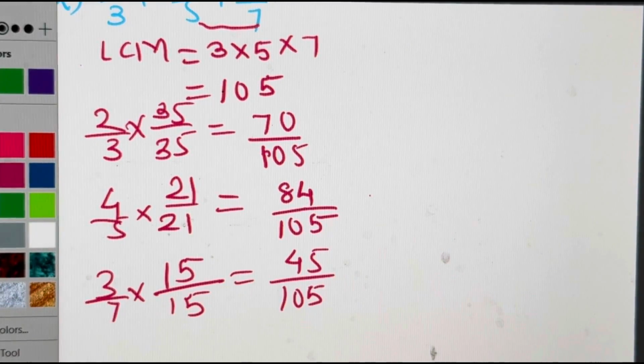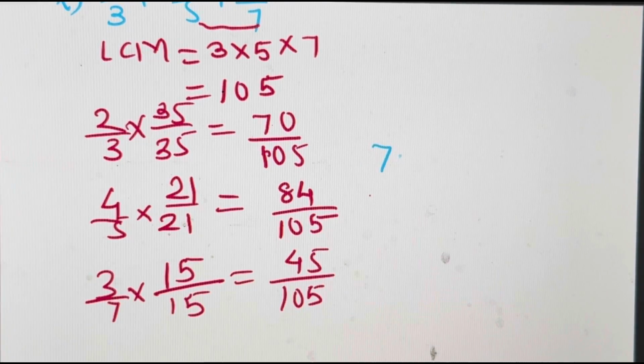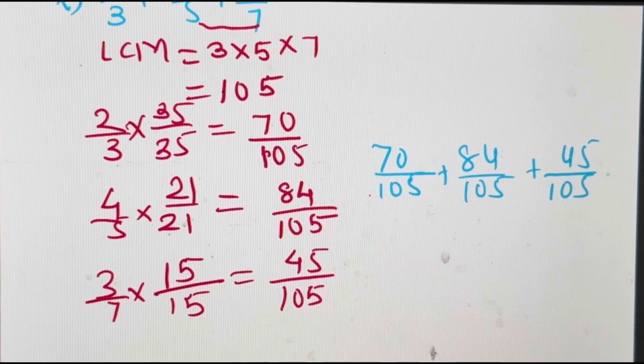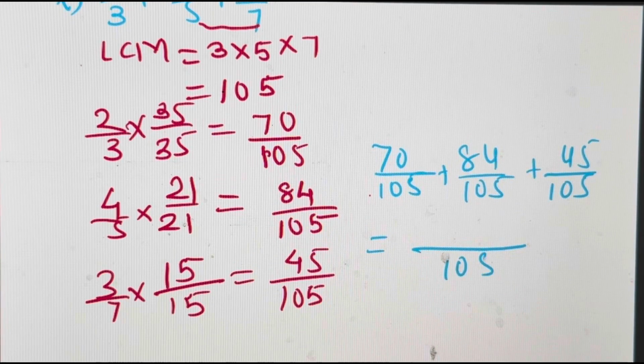Now we add these fractions. So 70 upon 105 plus 84 upon 105 plus 45 upon 105. So the total is 105. So if we add 70 plus 80 is 150, 154 and this 45.